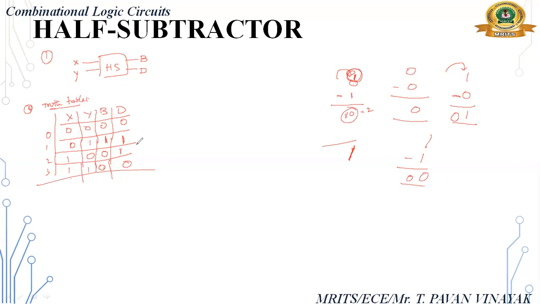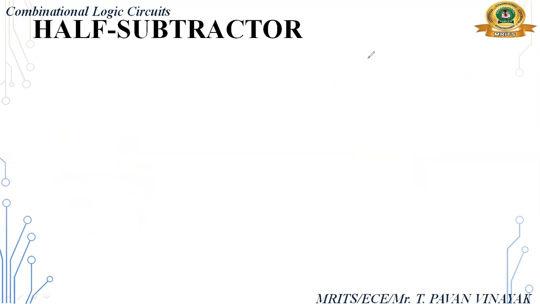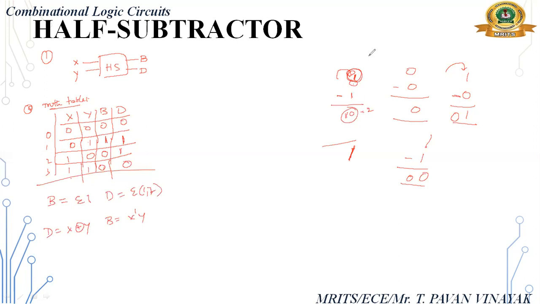Okay, now write the expressions. B is equal to sigma 1, and D is equal to sigma 1, 2. So D means x XOR y, and B means sigma 1, which is x bar y. Now draw the circuit.